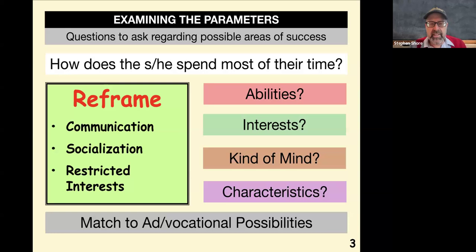So what that suggests is that we need to reframe how we think about autism, turning away from the definition of deficits in communication, social interaction, restricted interests, sensory issues, and so on, and change that D word perhaps to differences.